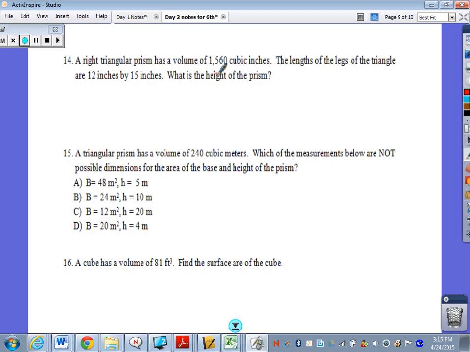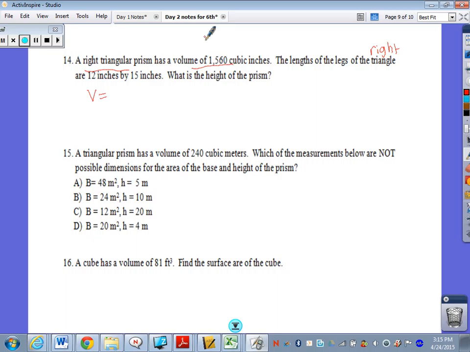Now they give us something and we have to work backwards. A right triangular prism has a volume of 1560 cubic inches. The lengths of the legs of the right triangle are 12 inches and 15 inches. What is the height? So we're going to take volume. We're going to write the formula for the volume of a right triangular prism.